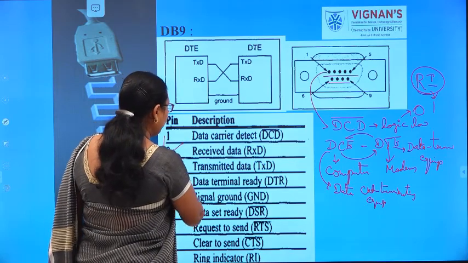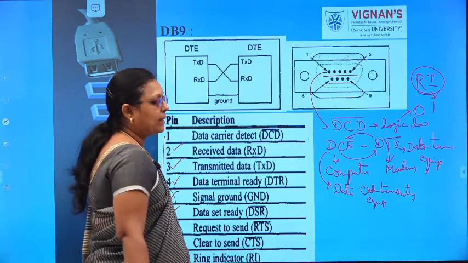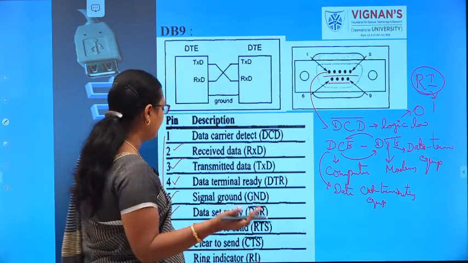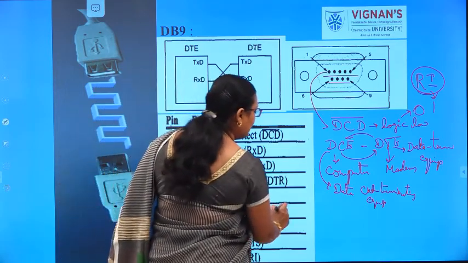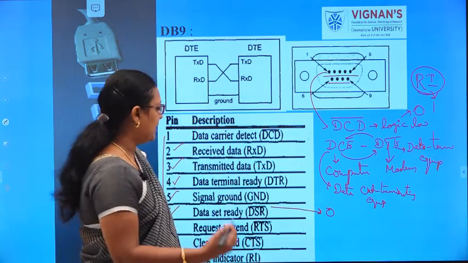Then the 5th pin is the ground, and the 6th pin is for data set ready. Data set ready means if your sender is ready to send the data, and this is a logic low signal. Low signal corresponds to if it is 0, it will be enabled.